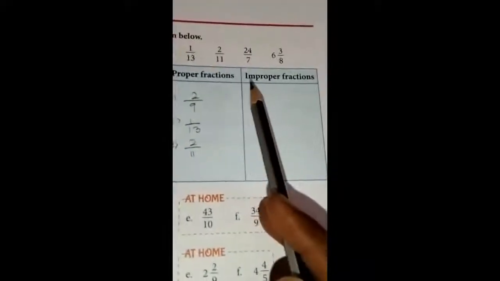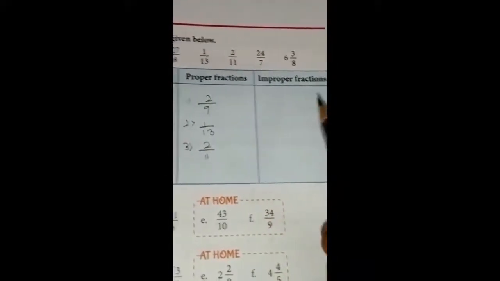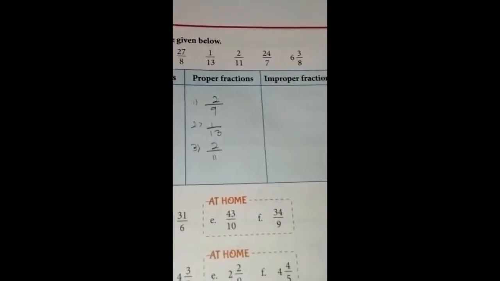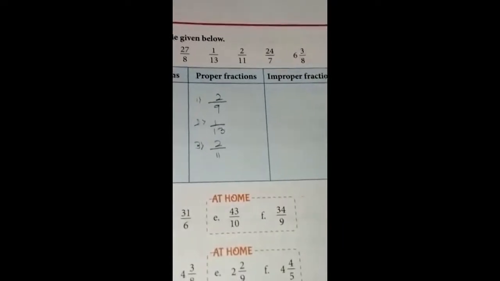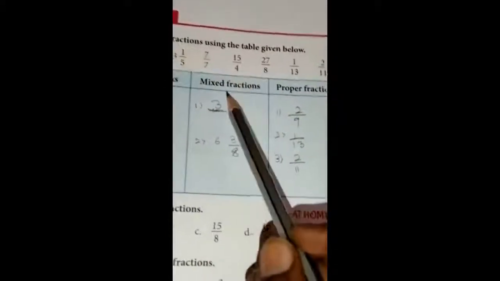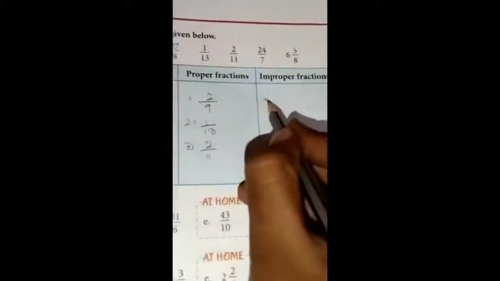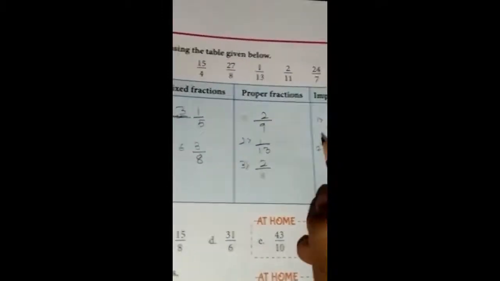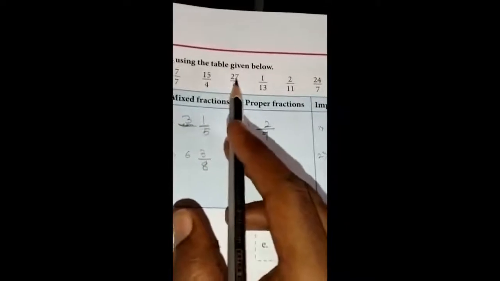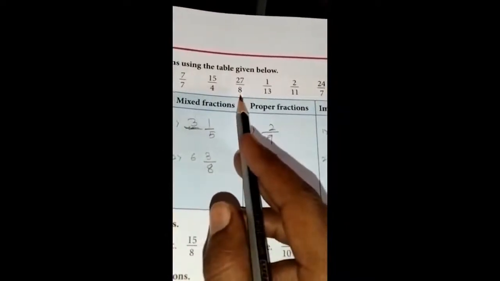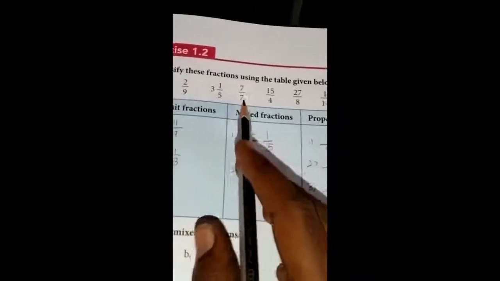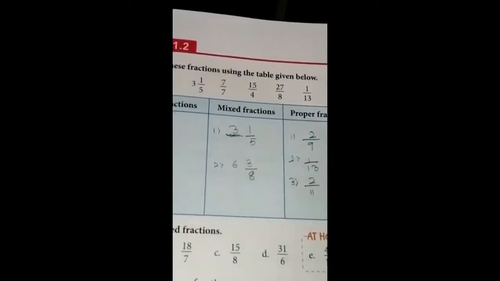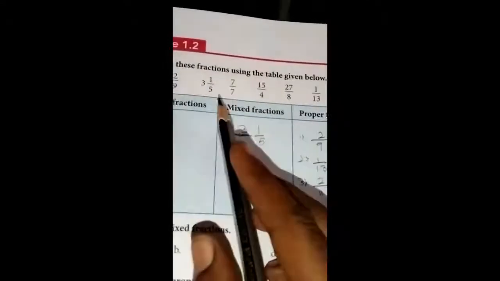Last column is improper fraction. Improper fraction means numerator is greater than denominator or equal to denominator. Here numerator is greater than denominator. So students, write here 15 by 4. Next 27 by 8. Here 7 by 7, numerator is equal to denominator.